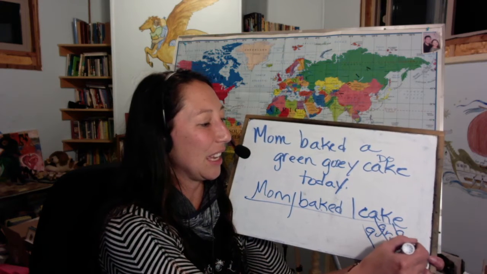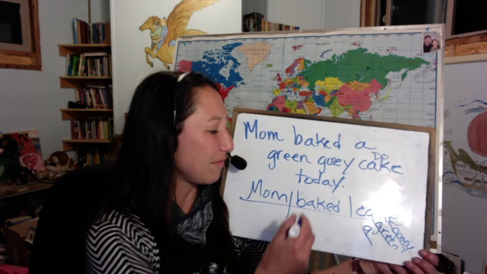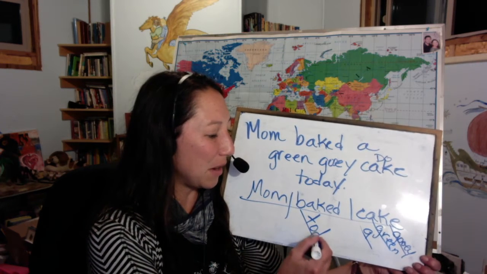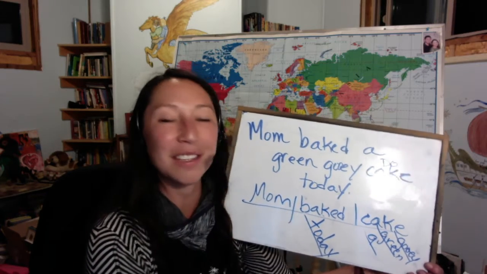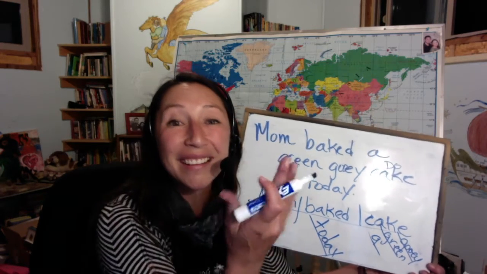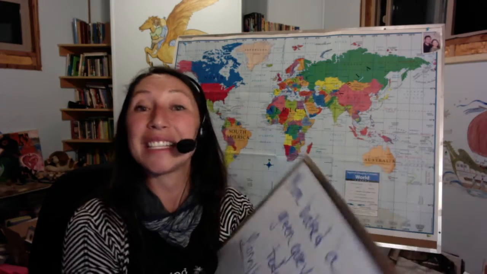Gooey cake. When did she bake the cake? Today. Today modifies when she baked. That's why it's an adverb and that's why it goes underneath baked. I hope that was really helpful. These are very similar to the structures and the types of sentences you will see. So I want you to be able to do that.